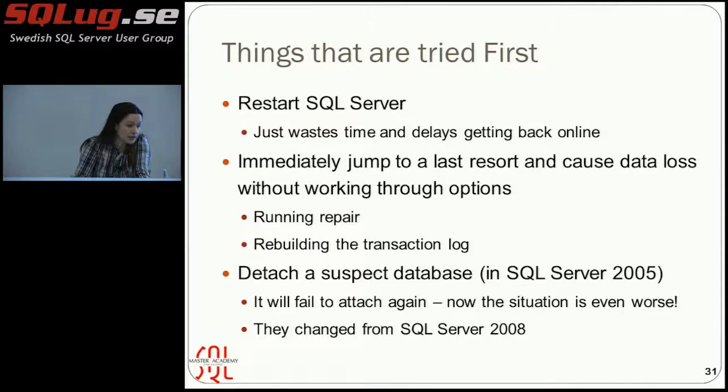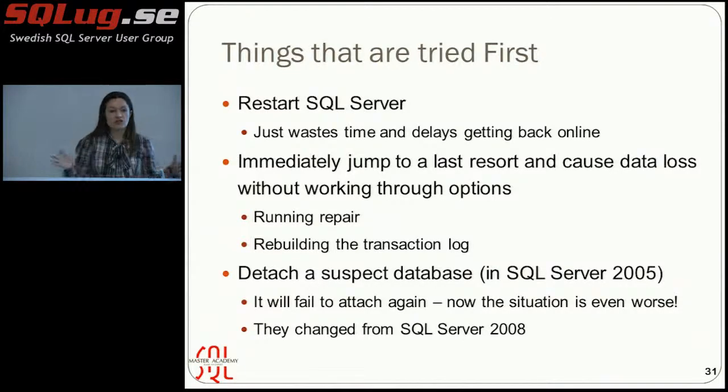The second one is to immediately jump to the last resorts of running repair, running the database in emergency mode, or rebuilding the transaction log. Probably it's not necessary. Thank God they removed this option, because it was something that people were constantly doing prior to 2005.